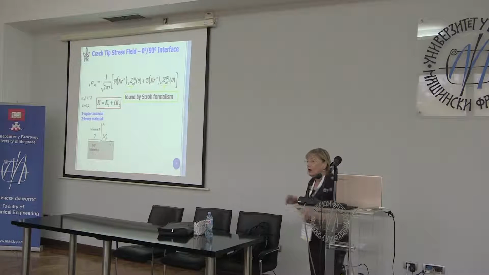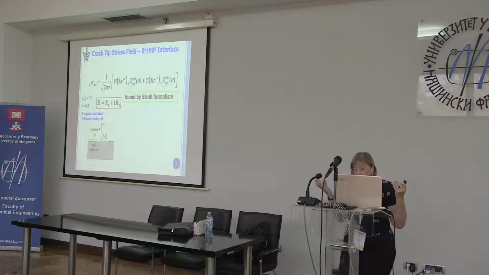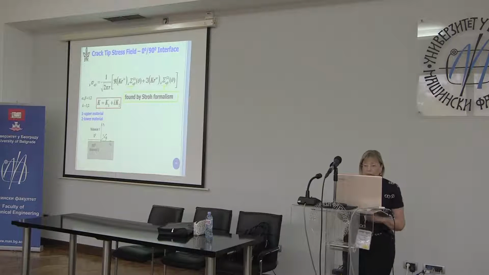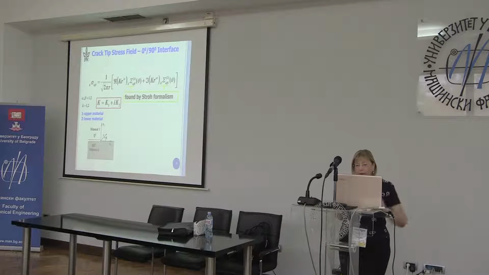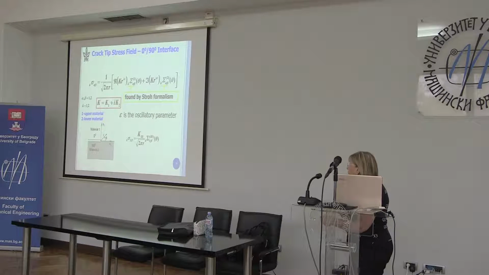But they're functions that are easily written. They're cosines, cosh, and so on and so forth, but much more complicated than for the two isotropic materials. Epsilon, again, is the oscillatory parameter, and for the 0-90, we have the in-plane ones with K1 plus iK2, and then we have a normal mode 3 stress intensity factor.